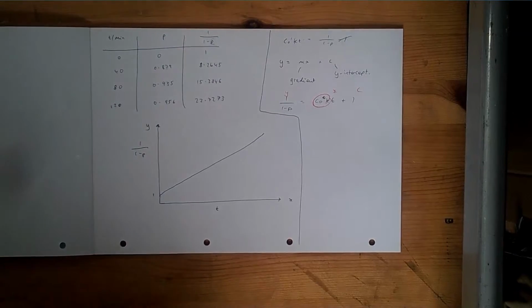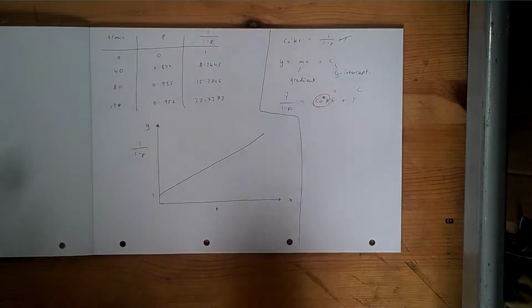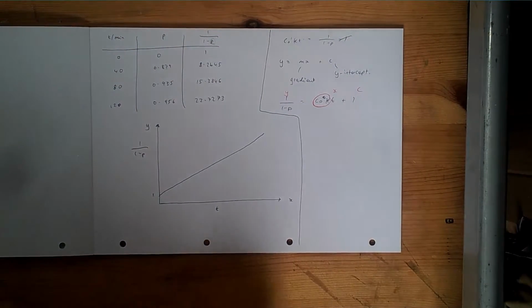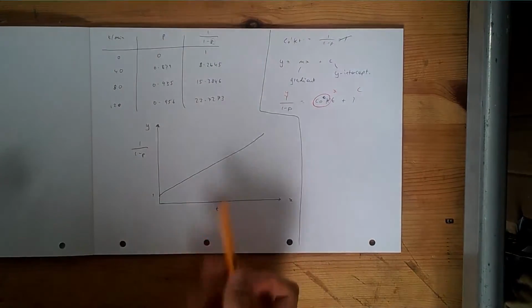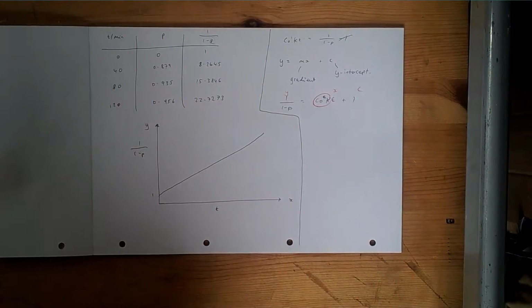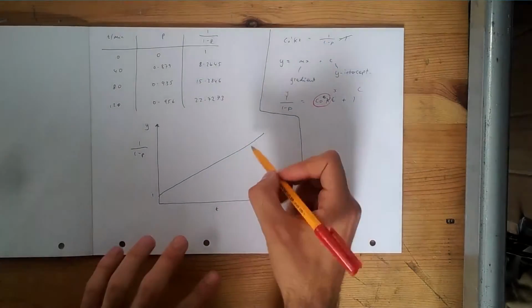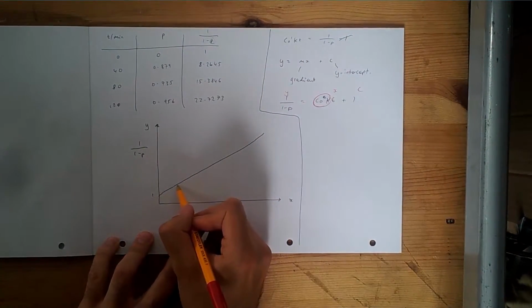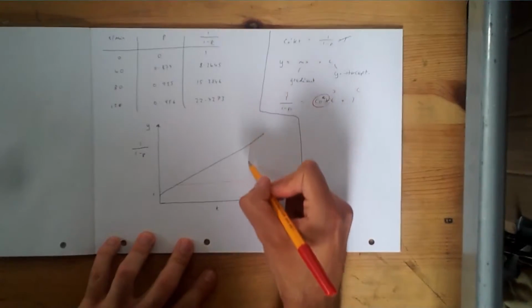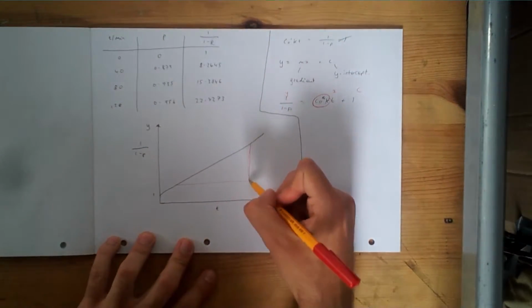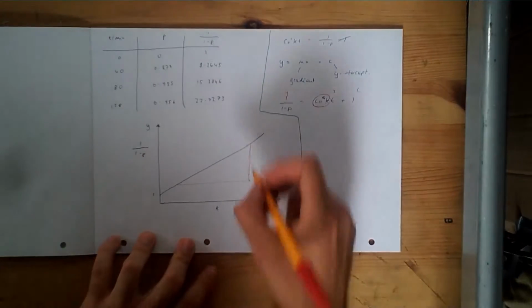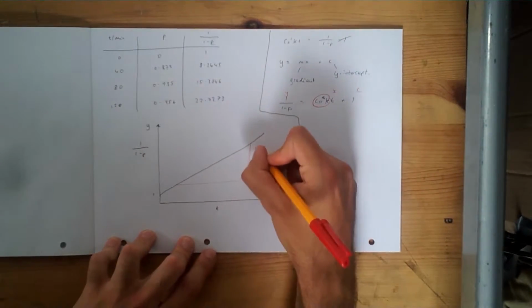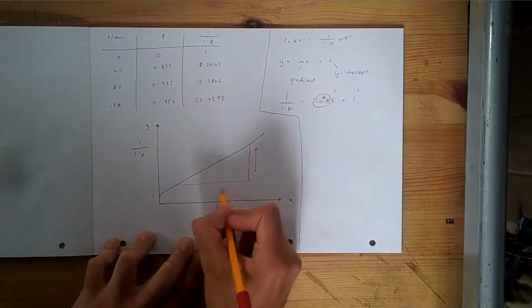So if we consider what the gradient actually is, to work out the gradient for any line, let's say this is a very rough drawing of the graph you should have drawn neatly. For any point, the gradient of that slope will be the change in y divided by the change in x.